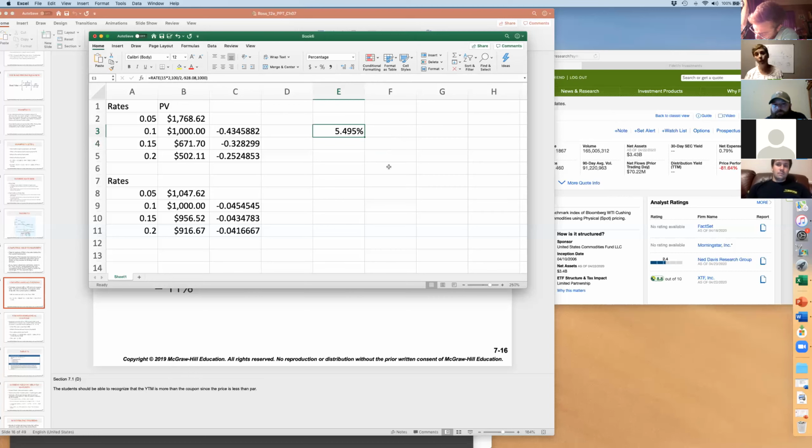So if you converted it into an annual percentage rate, that's going to be equal to that times 2. So I should make sure that I correct my math here.